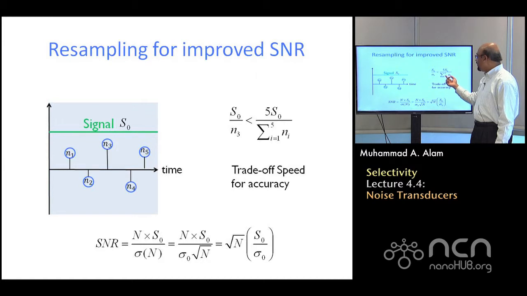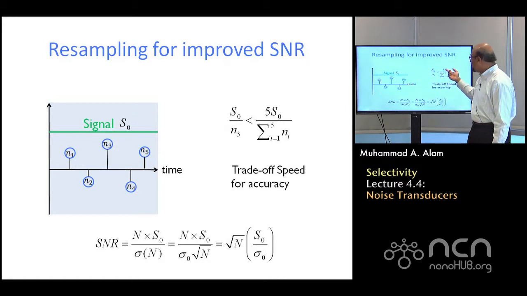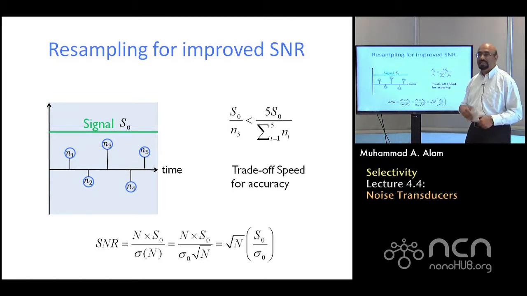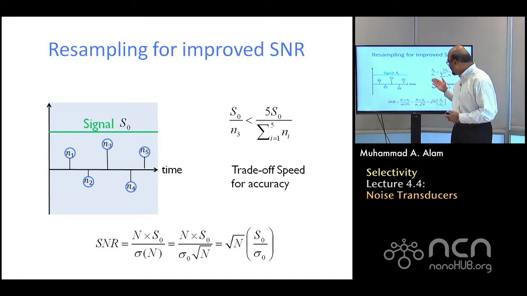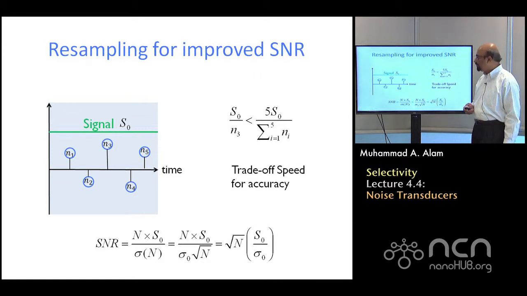And so if you sum the 5 samples up and then compare with 5 samples of signals, do this ratio, that will be significantly better. In fact, the more the number of samples, the noise will keep going down and the signal to noise ratio will keep improving. And this is essentially the same statement shown here on the bottom.